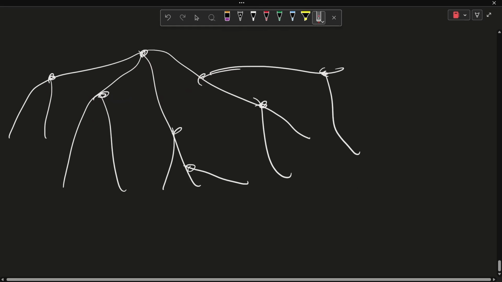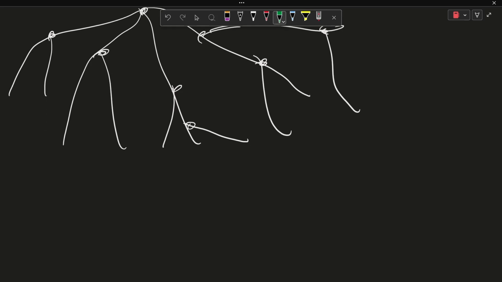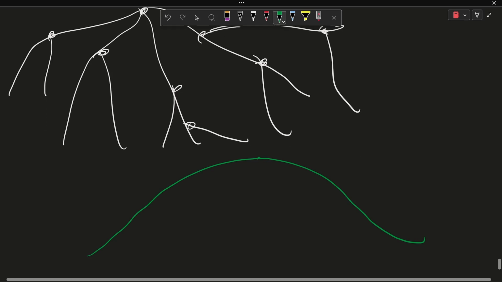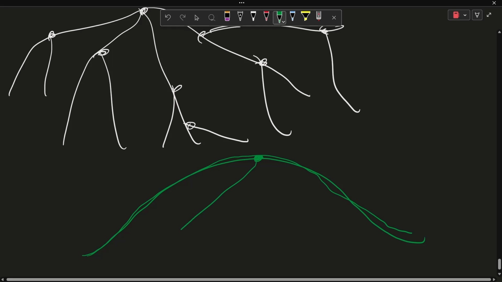Okay. So now let's suppose you have found the diameter of this tree. Let's suppose this is the diameter of the tree, and I'm redrawing this tree like this so that I have all the other nodes in the center.